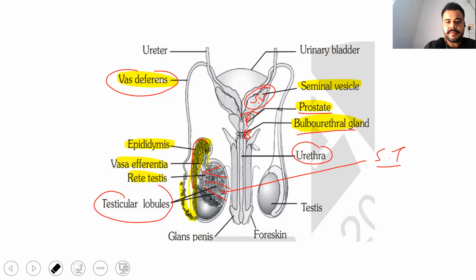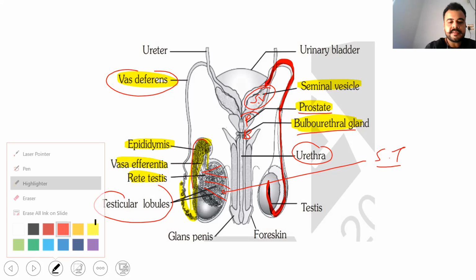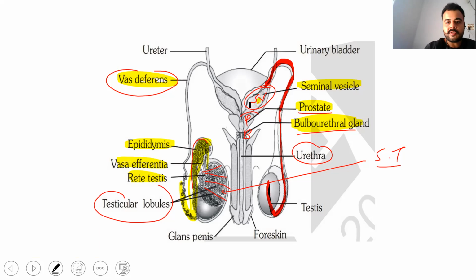So over here, if you talk about the route of the sperms, from here the sperms will come. Okay, I'm just using a highlighter. The sperms will come from this region, it will go to this region, then it will loop over the abdominal cavity, it will pass through the urinary bladder. Now here the seminal vesicle will pour its secretion, as you can see.